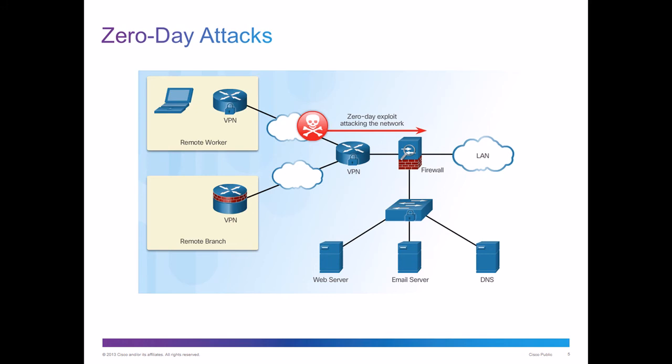An IPS setup will be able to detect, for example, that this is an anomaly, and therefore it will not allow any of the packets to go into the network. So having an IPS will most likely mitigate this type of attack.